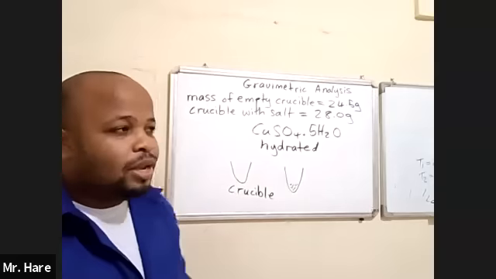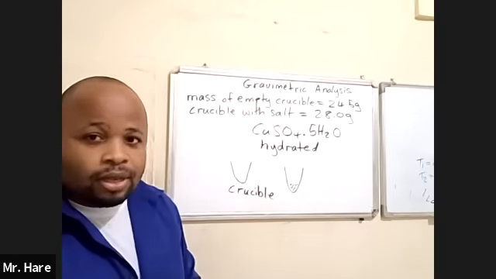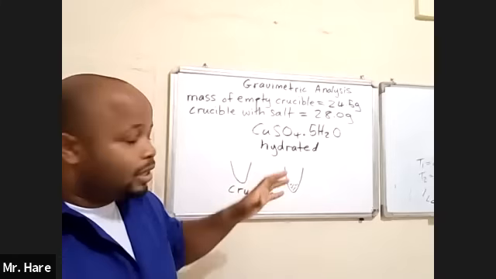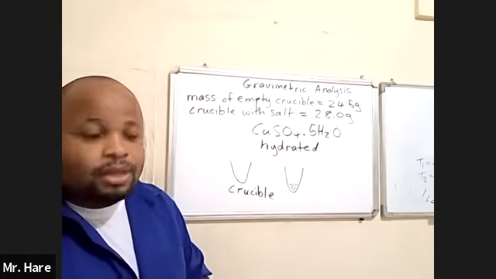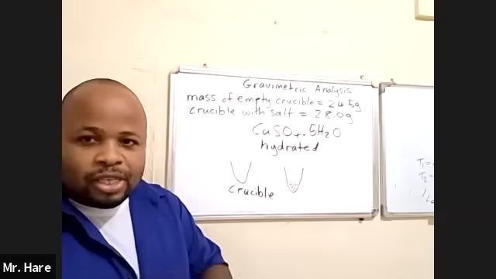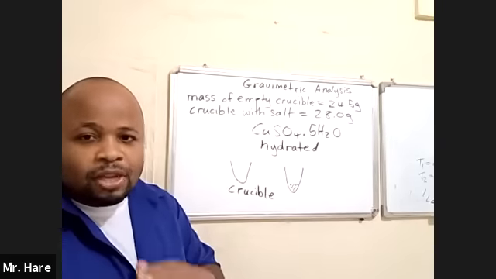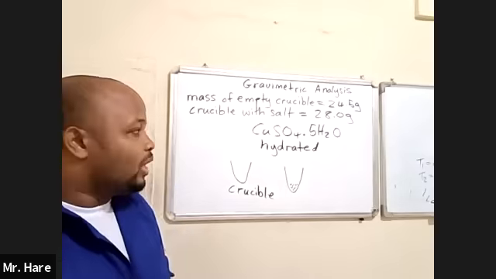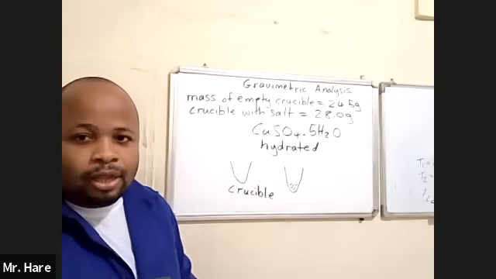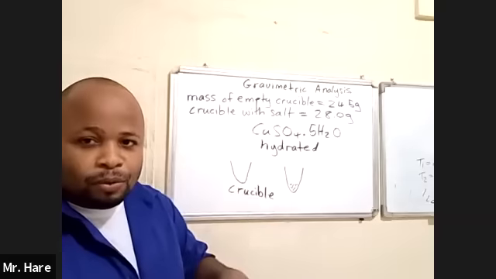If you want to be sure that all of the water has been evaporated, you heat it for a certain amount of time, allow it to cool, then heat it again. Once you see that the mass remains constant, then you know that all of the water has been evaporated. So you heat, allow to cool, heat again, allow to cool.